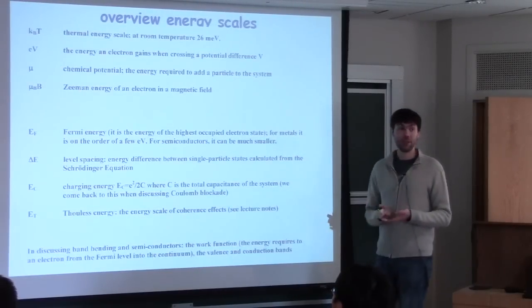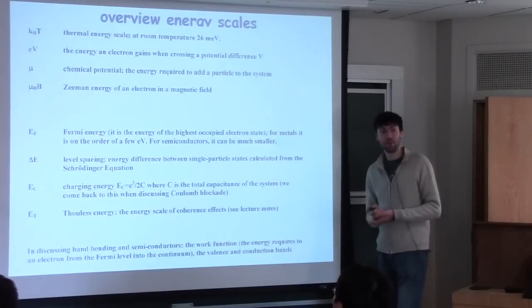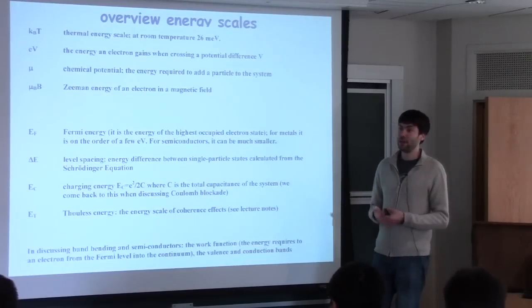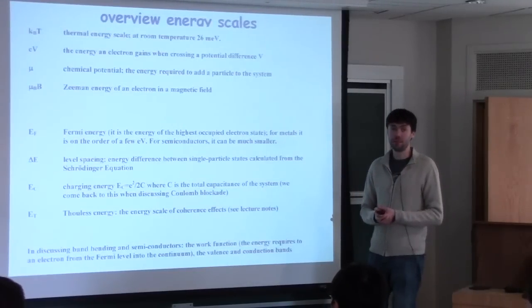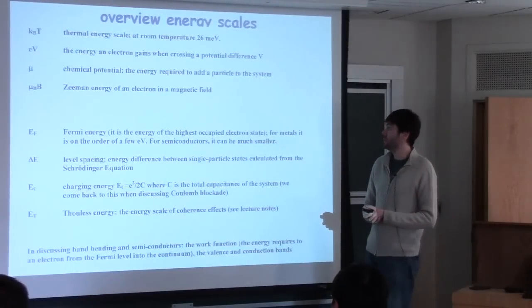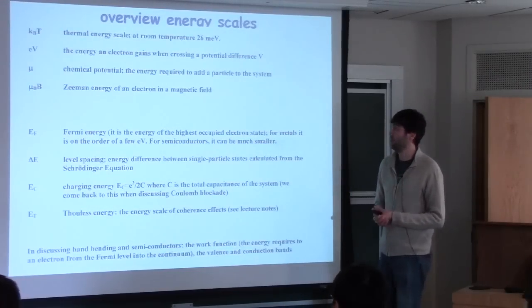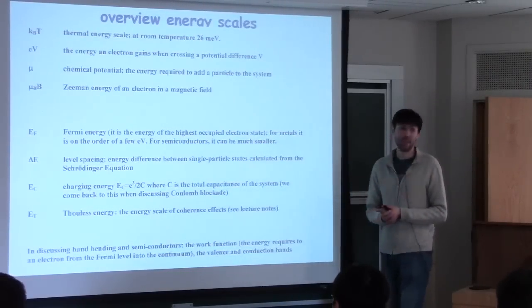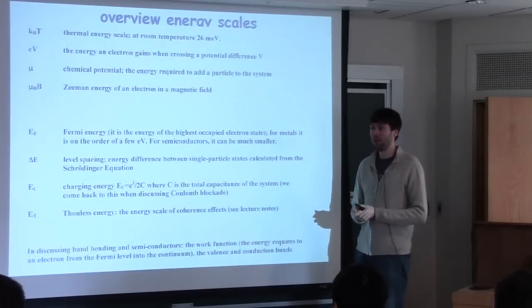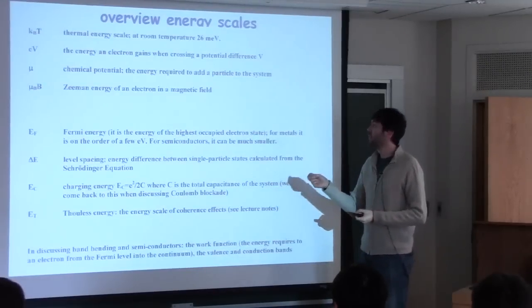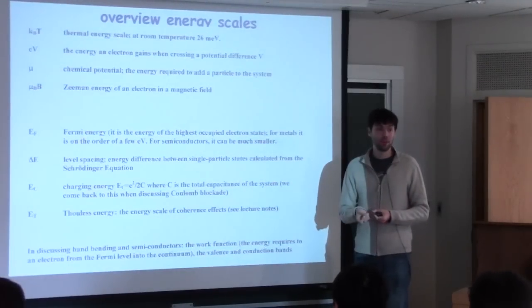And how much energy are you supposed to give? Well, if you want to add an electron to a system, it is very convenient, like in thermodynamics and often in solid-state physics, to talk about the chemical potential. So we will refer to chemical potential as the energy required to add another particle to the system.